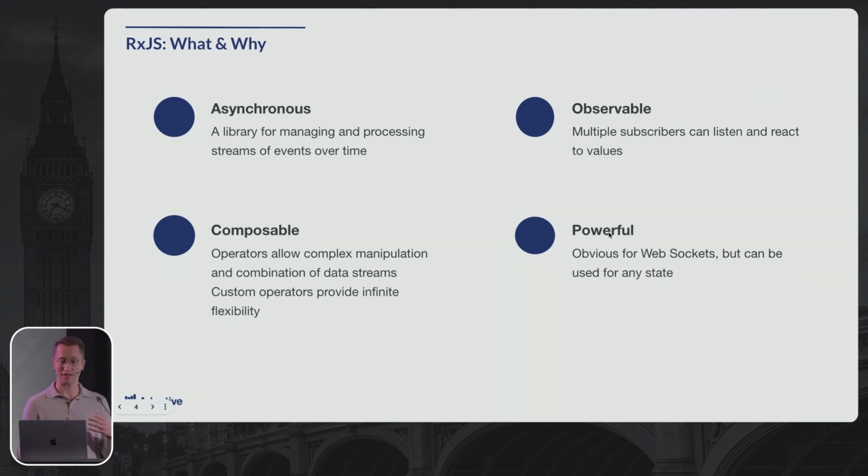It includes a large library of operators that enable you to manipulate and combine streams of data into different streams of data. And custom operators provide you with infinite flexibility. It's incredibly powerful. It's quite obviously useful for WebSockets, but it can be used for any state in a complex application.